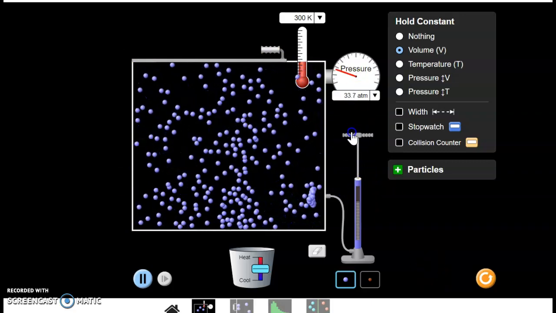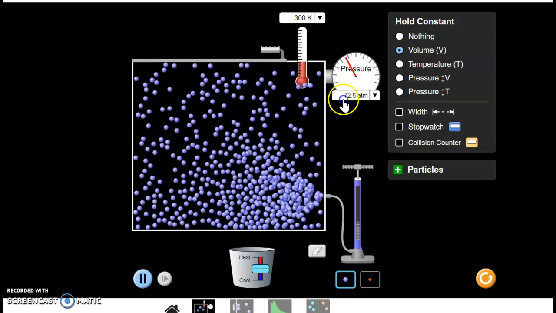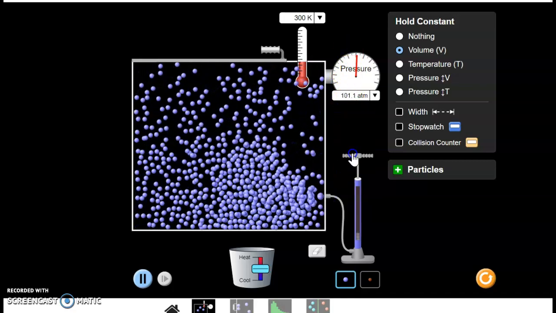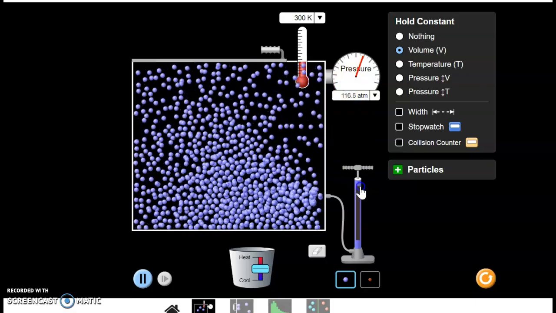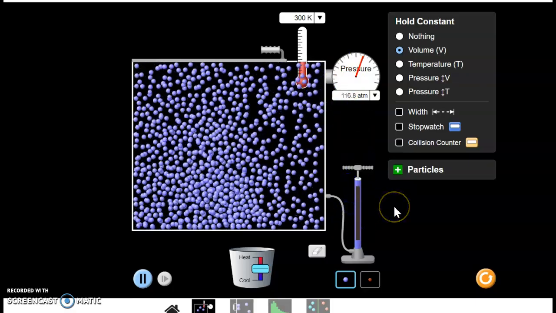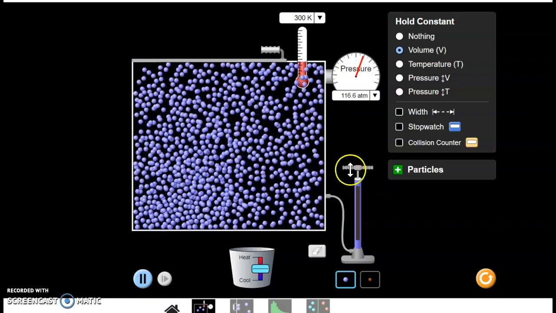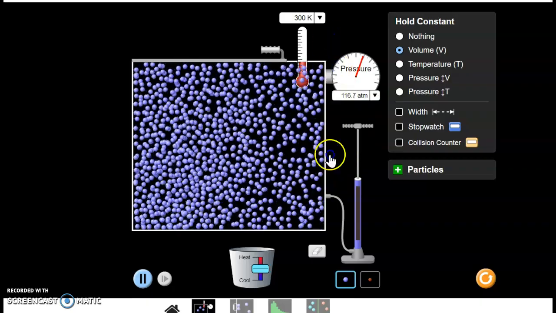And I'm pretty sure if I do a whole bunch, let's see what happens. I'm just going to pump in a whole bunch of particles. Oh my gosh, look at that pressure go up and up and up. Similarly, if I took some of those molecules out, which the simulation won't let me do terribly well at the moment, it will go down.